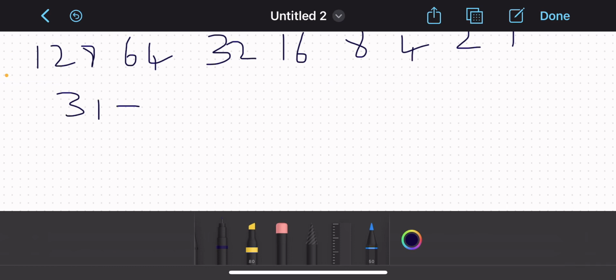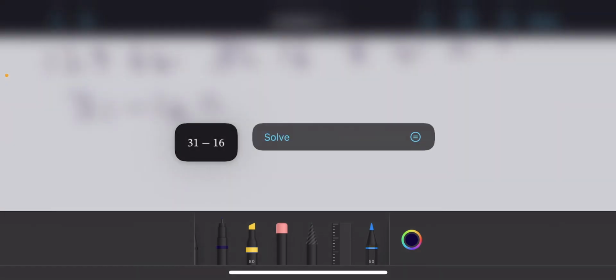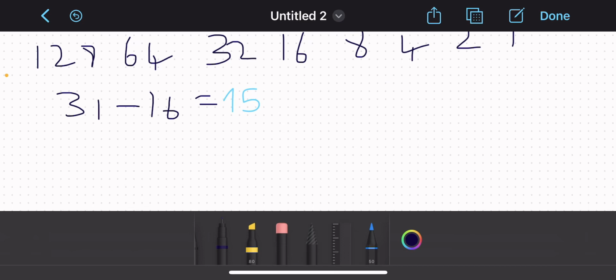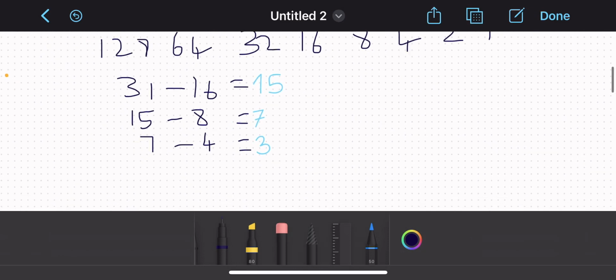So we have 31. Subtract the number less than 31 here, 16, which gives us 15. We take 15, subtract the number smaller than 15, which is 8, which gives us 7. We take 7 minus the next smallest, which is 4, which gives us 3.